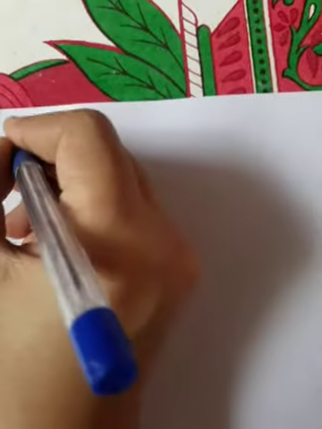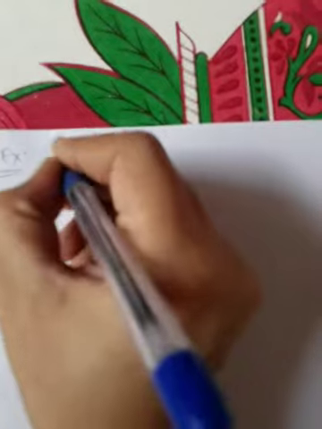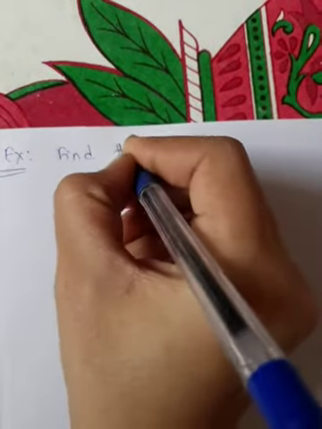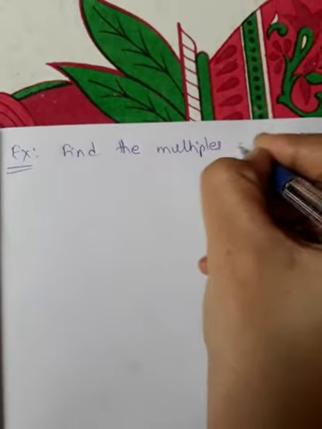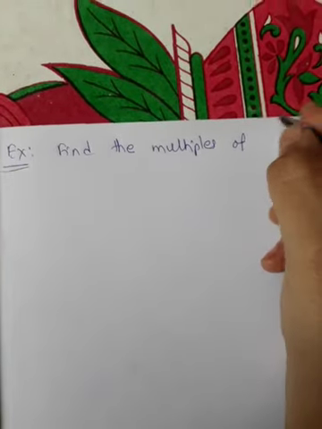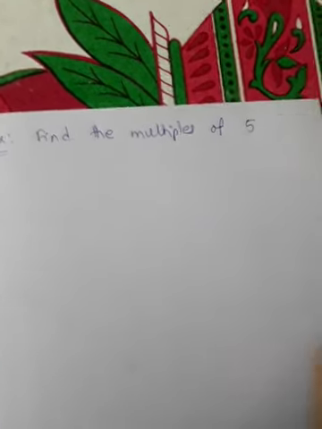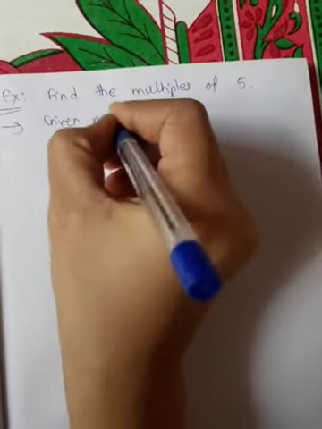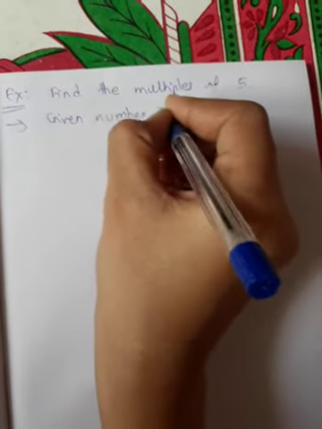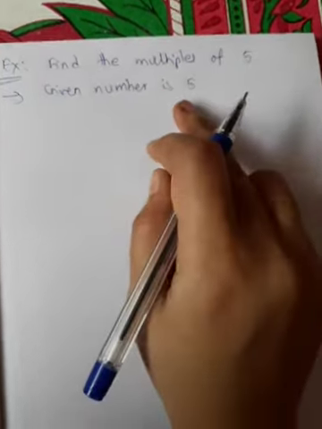Suppose we have an example: find the multiples of 5. Okay, so we have to find the multiples of 5. So see here, the given number is 5, and we have to find the multiples of this number.